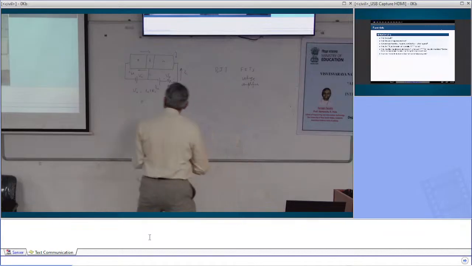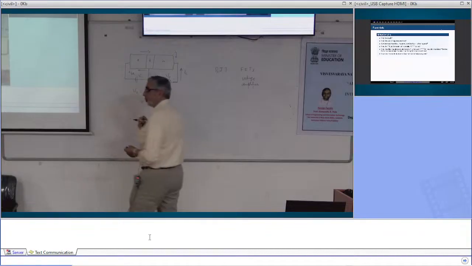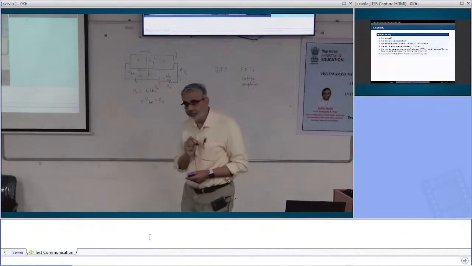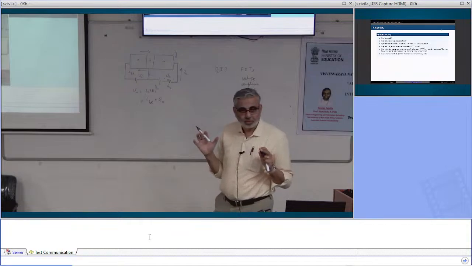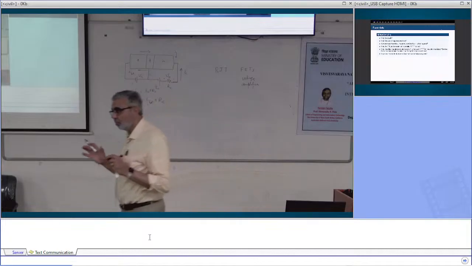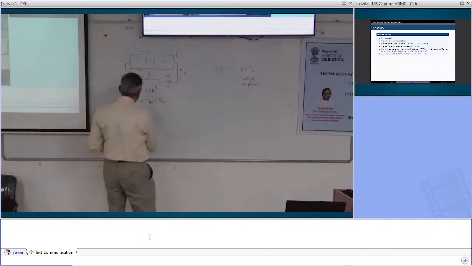This is equal to IBE times RC, right? तो मैं गलत कह रहा हूं? Both are the same because no current is going to the base, right? Same story. So what is expression of IB? This I'll give you for free.